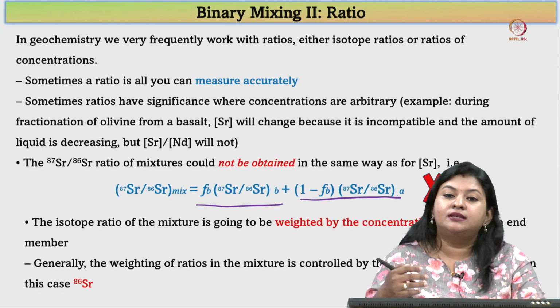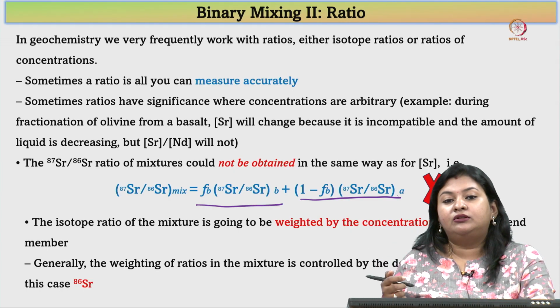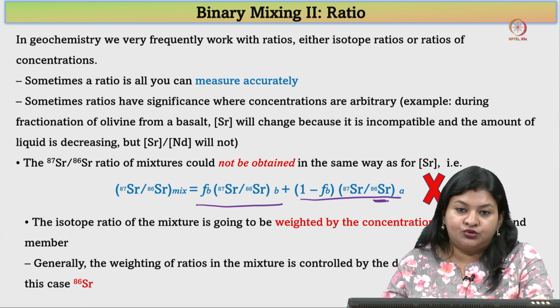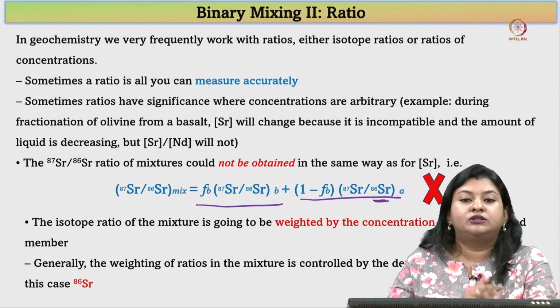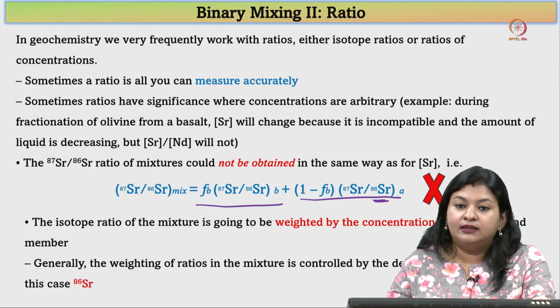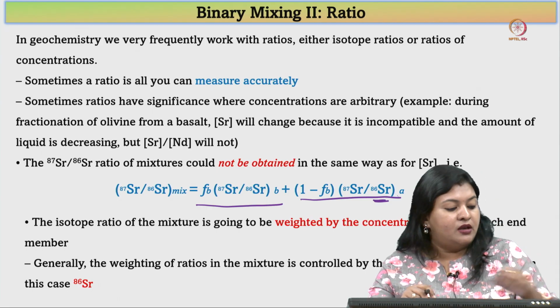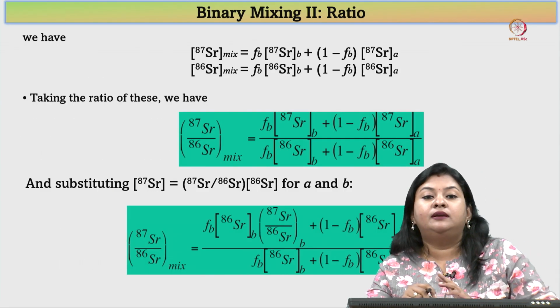And when we are doing this, it is generally the concentration that we have in the denominator. So, whatever isotope is in the denominator, that concentration we are going to use in the multiplication. We are going to weigh in that concentration. So, how will the equation look?